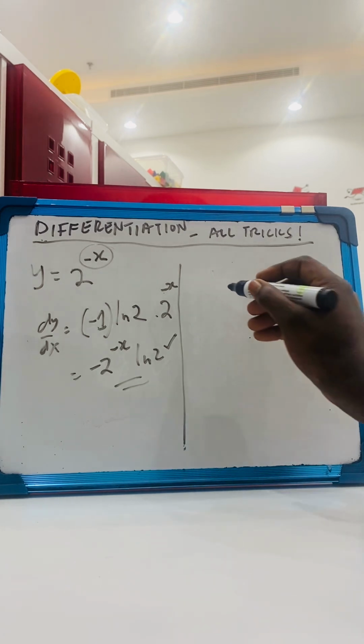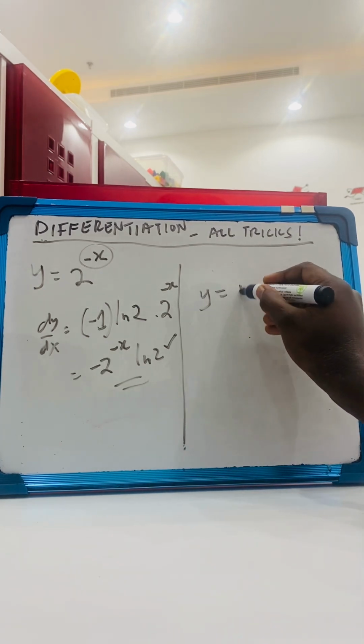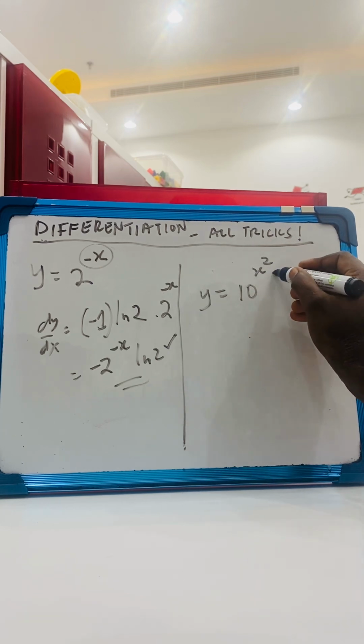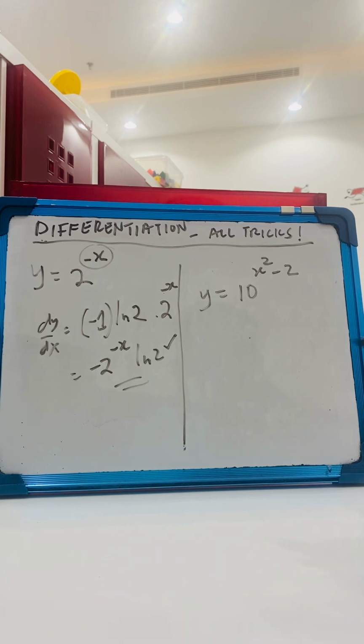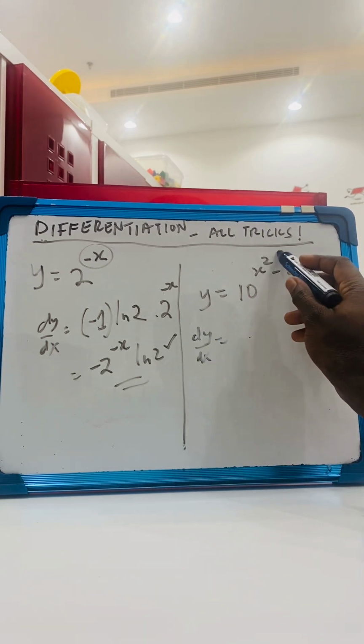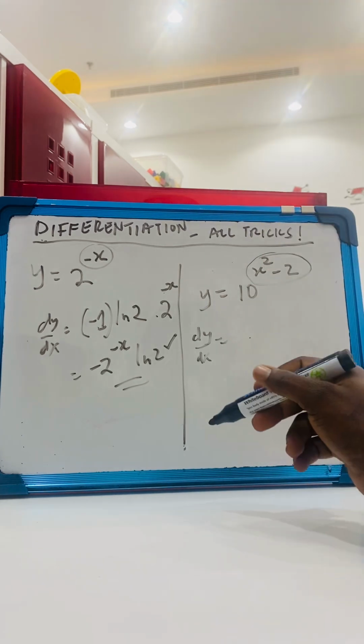I'll take another example. Let's say y is 10 to the power x squared minus 2. So like I said earlier, my dy dx, derive the power.